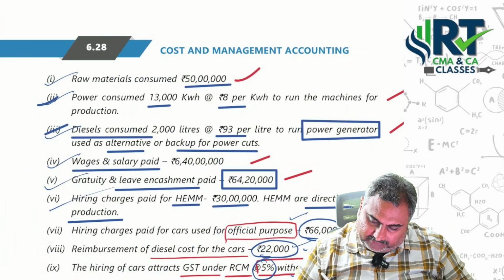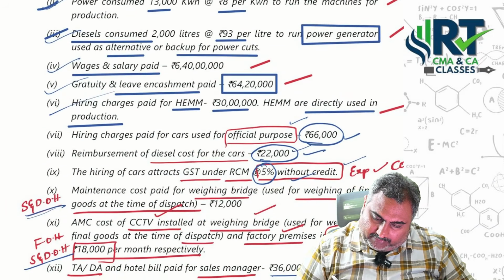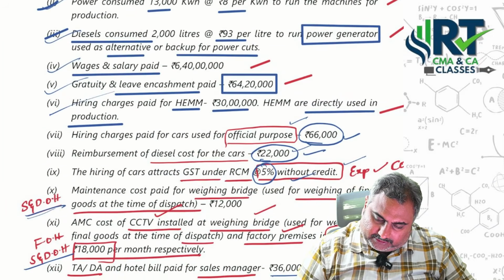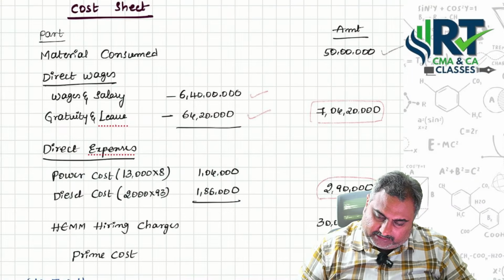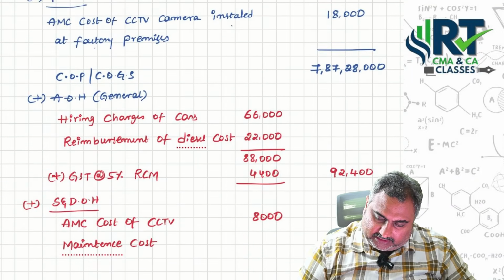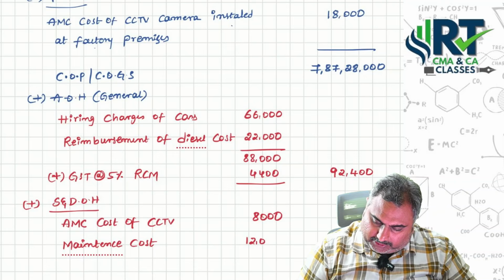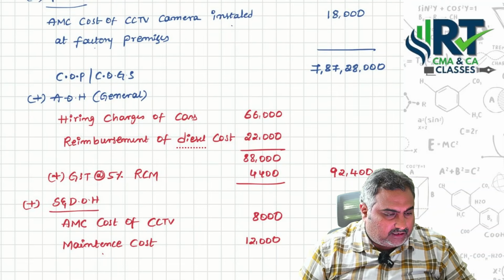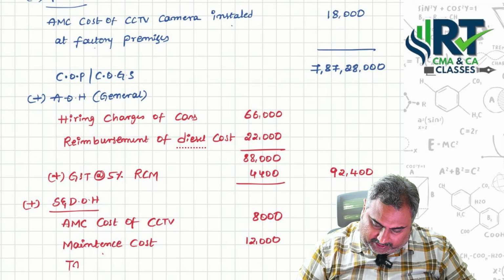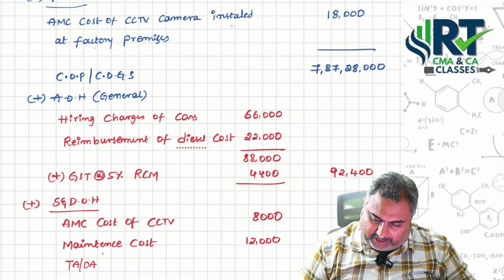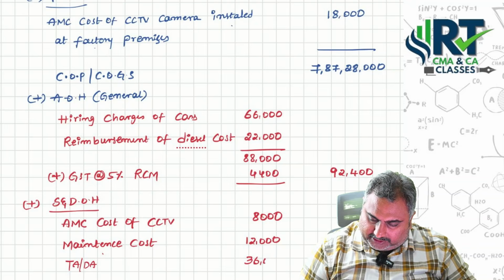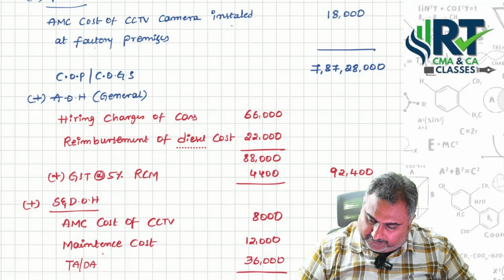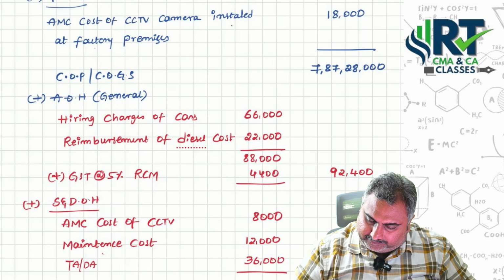If you see here, maintenance cost paid for weighing bridge used for final goods at the time of dispatch. That's the reason we are writing it under selling and distribution overheads, 12,000. Next one, last, TA and DA we are incurring for 36,000, totally 56,000.